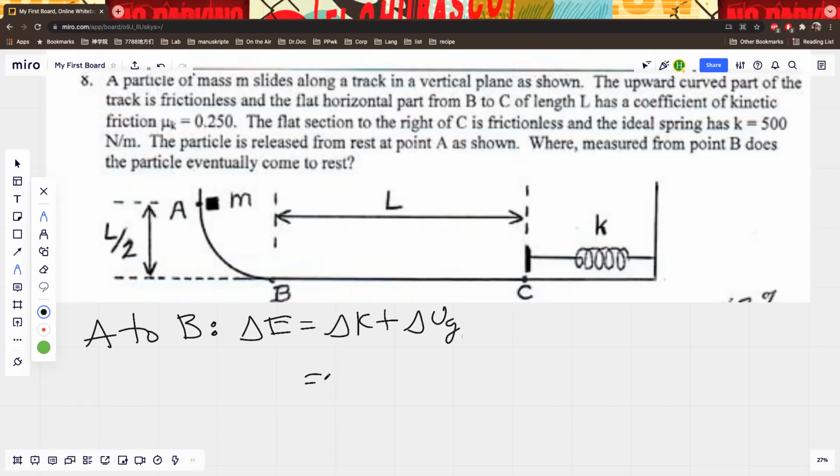So the change in gravitational energy: the final is 0, and the initial is mass times gravity times L/2.